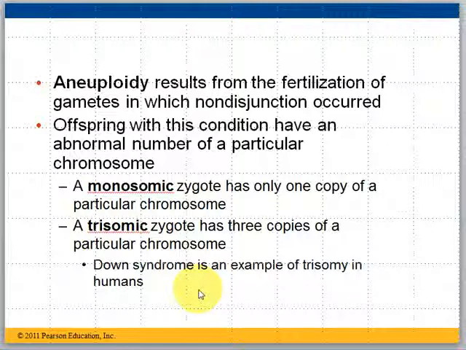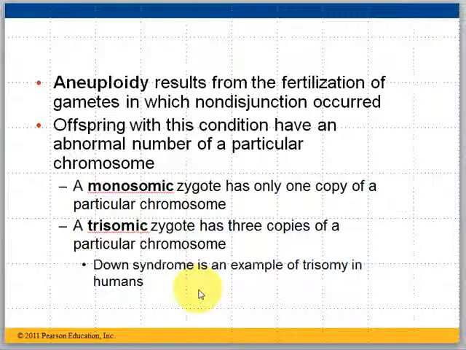Aneuploidy can involve more than 1 chromosome. So generally you would think about this problem only occurring with 1 chromosome, but sometimes it happens with more than 1 chromosome. And after fertilization, mitosis will then transmit this problem to all of the embryonic cells created. So remember, you're starting out with a single fertilized egg from the combination of the male sperm and the female egg.